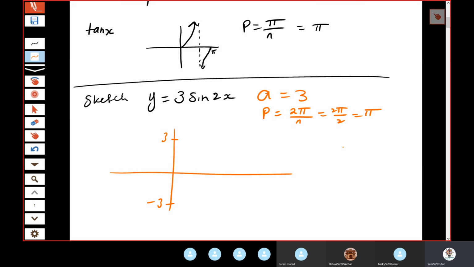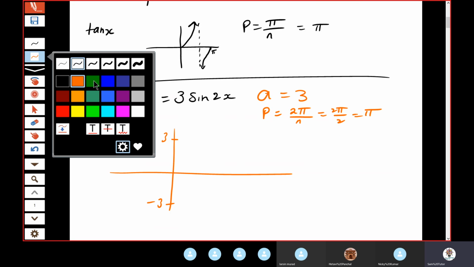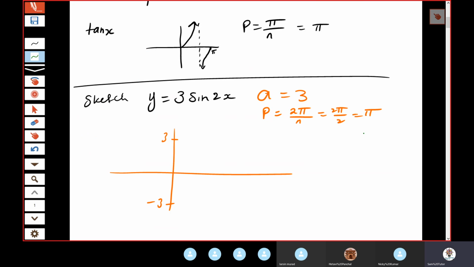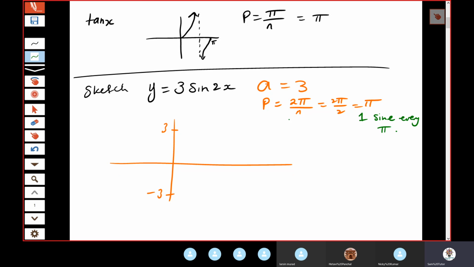So that's pi. So how do we interpret this again? I see 1 sine every pi. What does 1 sine look like? 1 sine looks like this. Don't forget that. That's the shape. So if I see 1 sine every pi, that means it'll look like this.